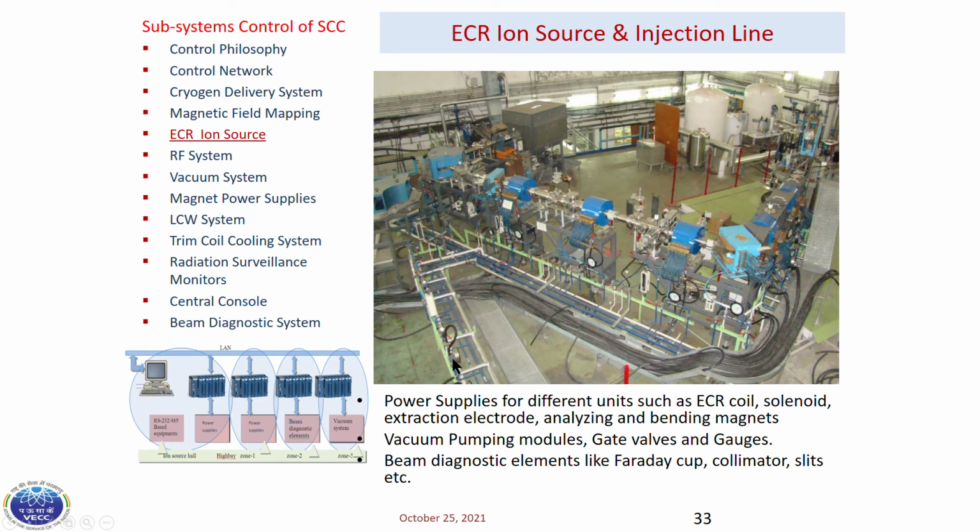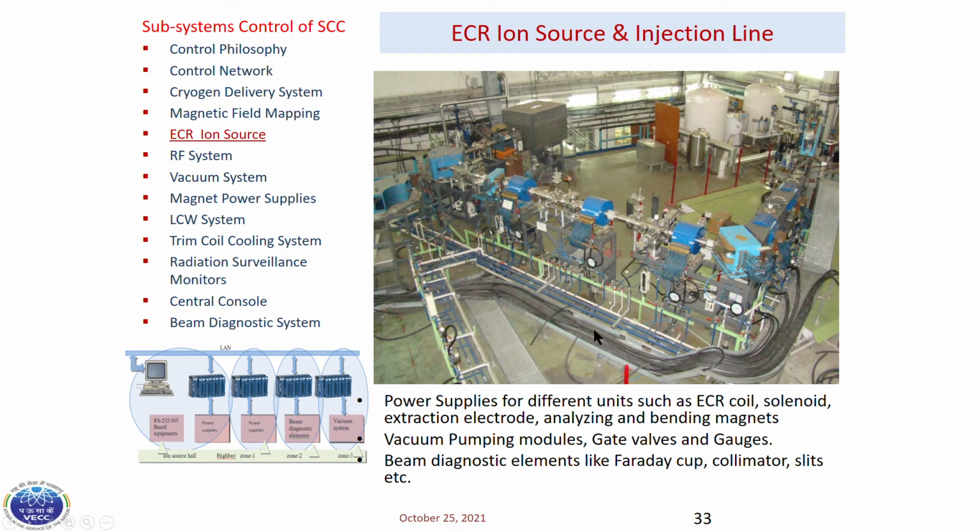It is another main system, that is ECR system. The ECR system generally consists of several high current magnet power supplies, microwave generator, and various beamline equipment like gate valve, Faraday cup, slit, and collimators.